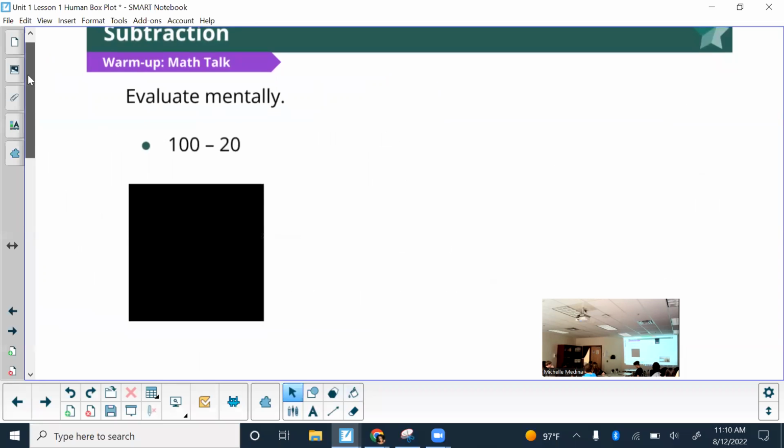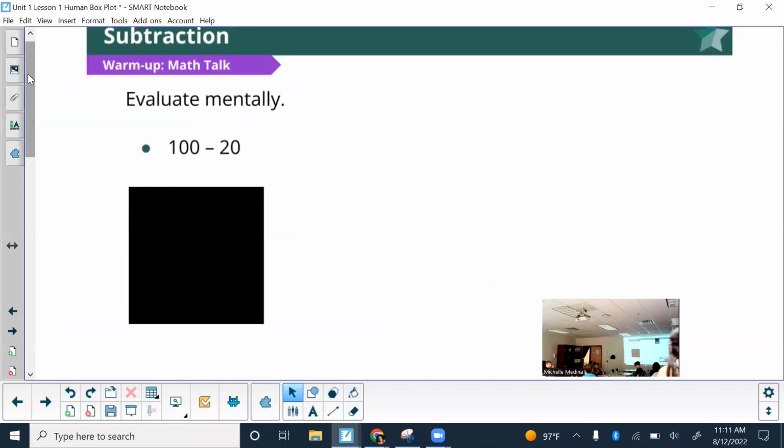All right, first it's just some subtraction, but no calculator. It says evaluate each mentally, and just don't say it out loud, literally just think about it. What we're going to focus on are some strategies. All right, so there's the first one.